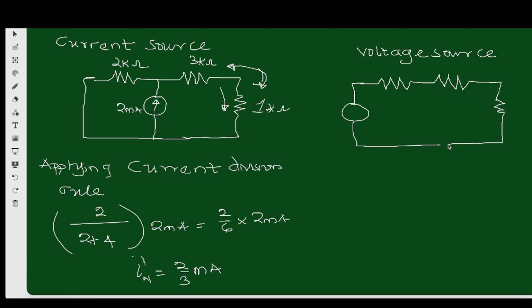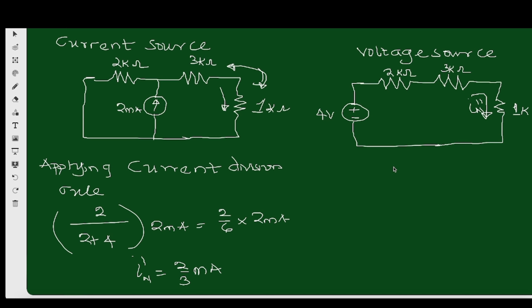So we've opened the current source. So this is 2 kilo ohm, 3 kilo ohms, and this is 1 kilo ohm, plus or minus 4 volts, right? I want to get IN prime prime. So what would that give me?